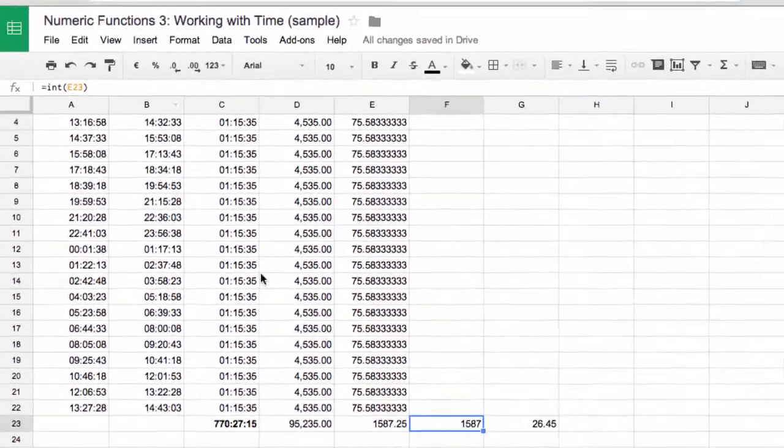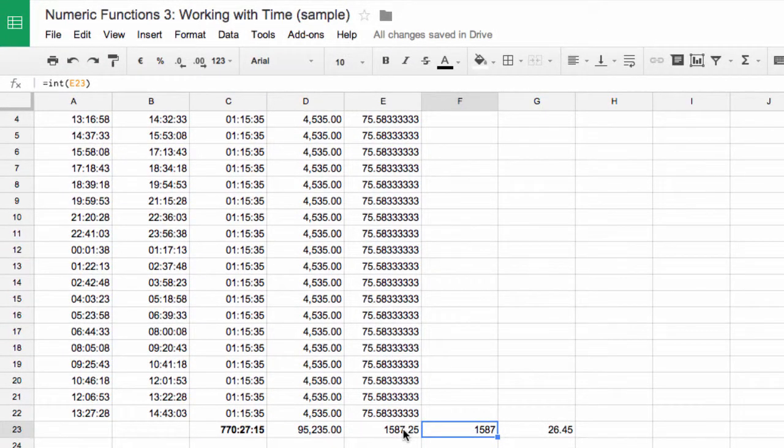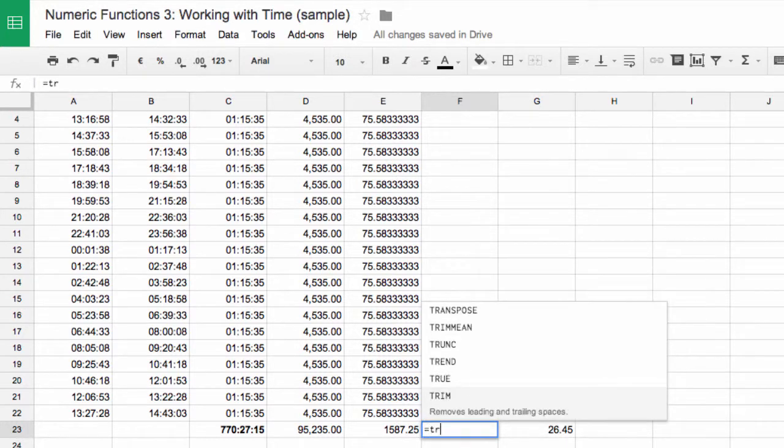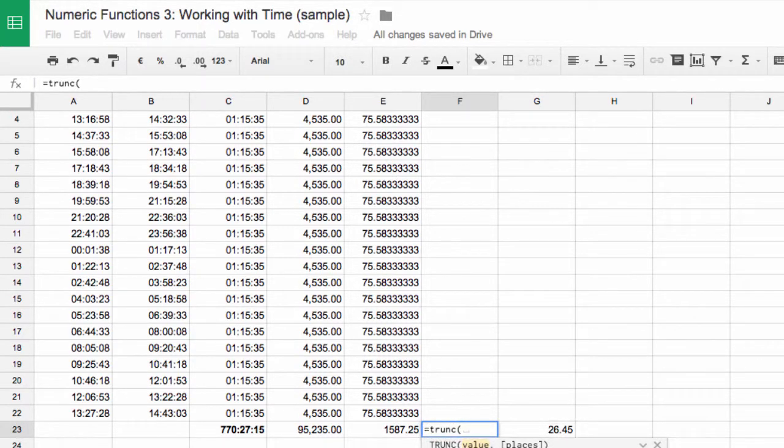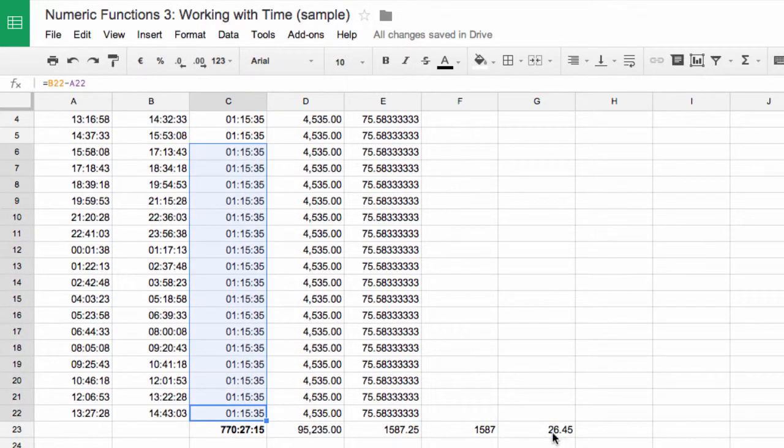I can now get rid of the decimal points just using equals trunc, open bracket, the value, comma 0 for the decimal places, so 1587, and then finally that divided by 60 will give me the total hours. So in fact, the total elapsed time for all these recorded times is 26.45 hours, so almost 26.5 hours.